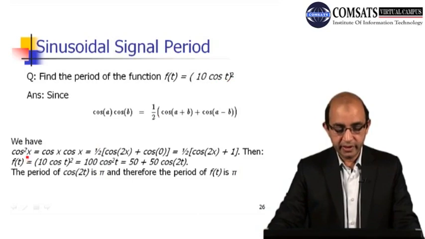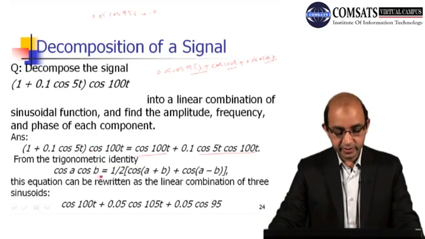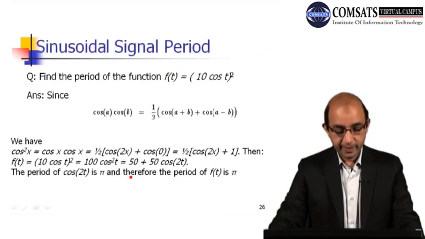So cos square t, we can decompose using cos A cos B, which is 1 by 2, first addition and then subtraction of those angles. So 1 by 2 cos 2x plus 1, where cos 0 is 1.